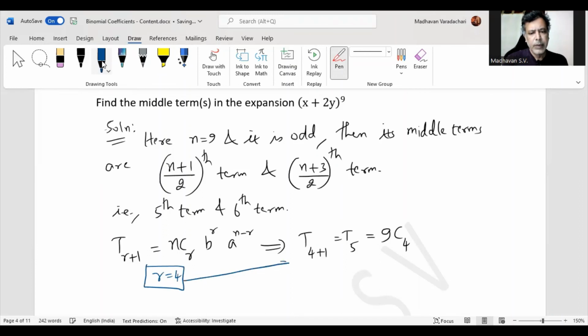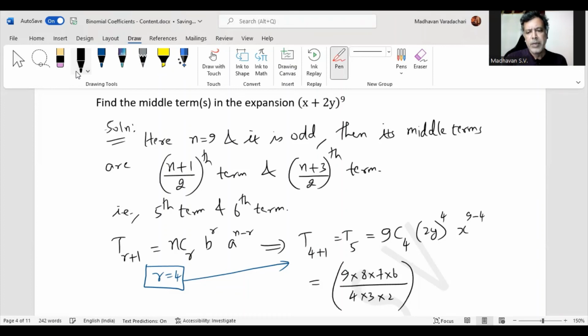So 9C4, and then b is 2y to the power of 4, and then a, which is x, to the power of n minus r, that means 9 minus 4. So this becomes 9C4, which is nothing but 9 into 8 into 7 into 6 divided by 4 into 3 into 2, times 2 power 4, which is 16, then y power 4, then x power 5. So that is your first middle term.